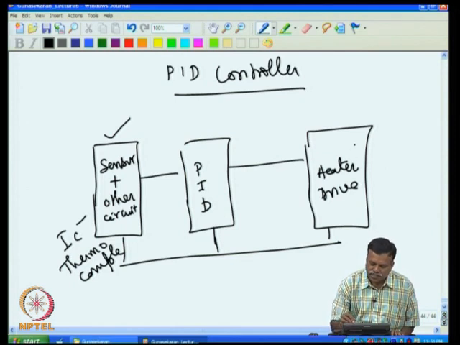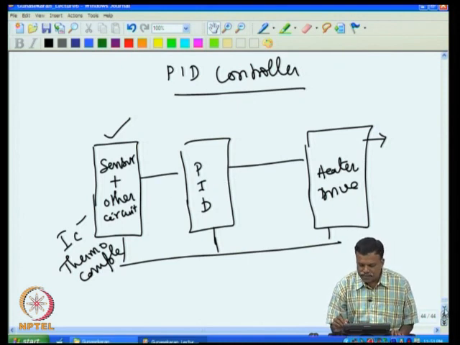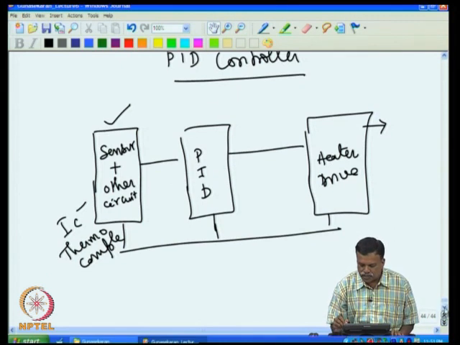Heater drive we have not seen extensively, so we have to see what the different possibilities are, and also how to set proportional gain, integral time constant, differential time constant and so on. What are the actual electronic time constants, and the physical time constants, and how they differ, we also have to see in detail. Now first let us take the sensor circuit design.